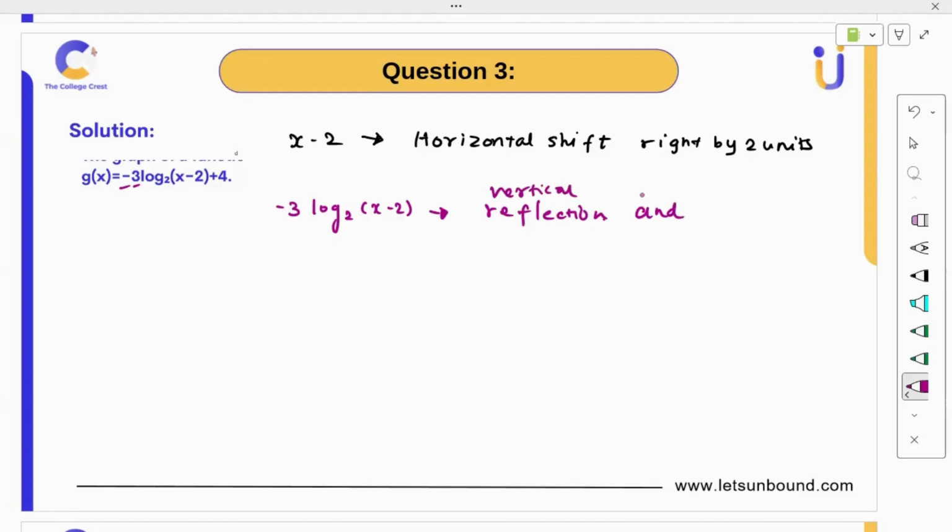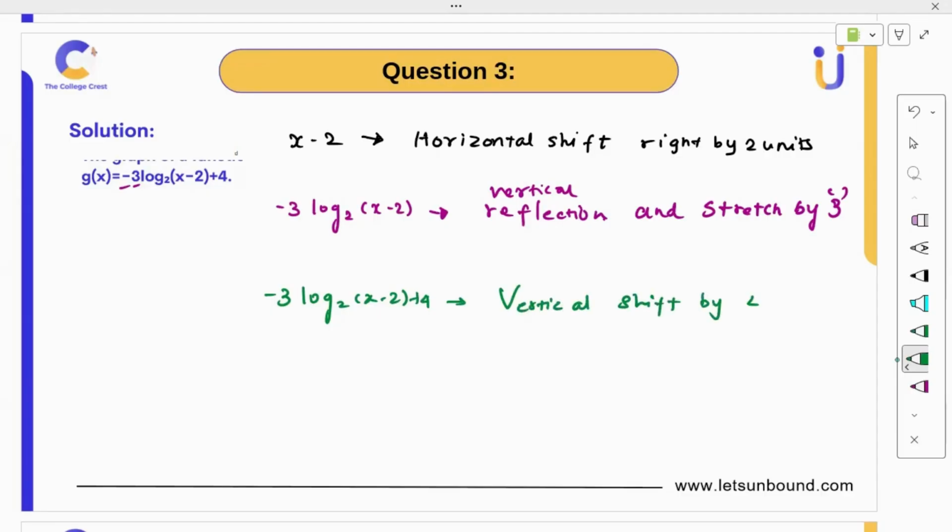Vertical reflection and stretch, right? Because the number is greater than 1, so stretch by a factor of 3. Next, last one, it's adding 4. That will give us negative 3 log 2 of x minus 2, plus 4. It's a vertical thing because it is outside. So vertical shift by 4 units up. So these are the sequence of transformations.